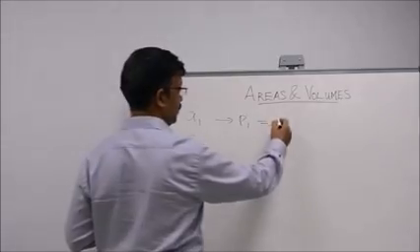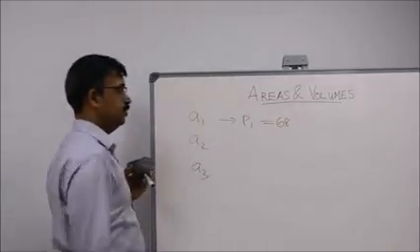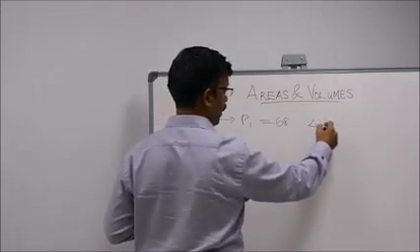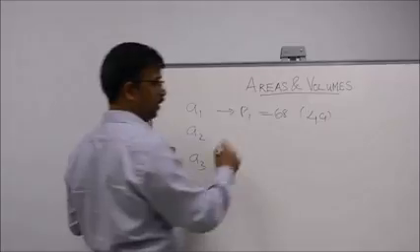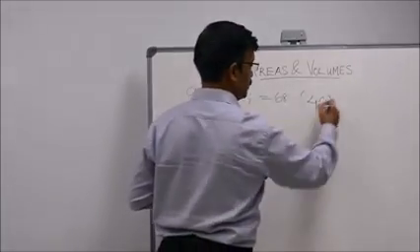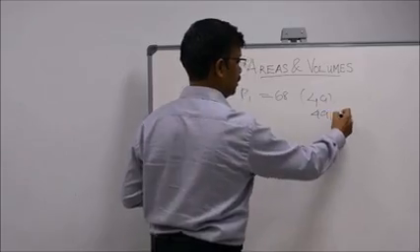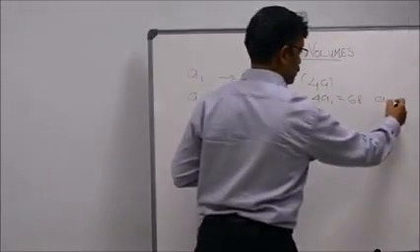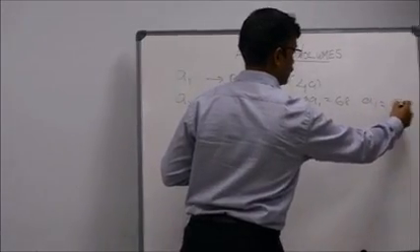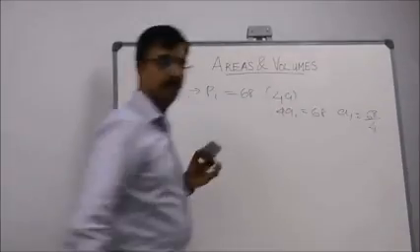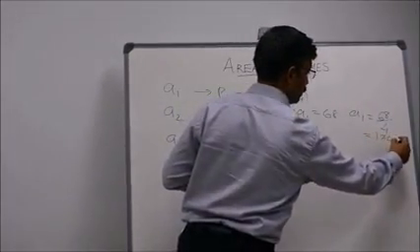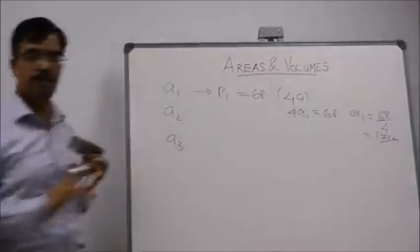The formula for perimeter is nothing but 4a. If you apply the 4a formula for P1, it becomes 4a1 is equal to 68, and thus a1 is equal to 68 by 4, which is 17 centimeters. So a1 is 17.